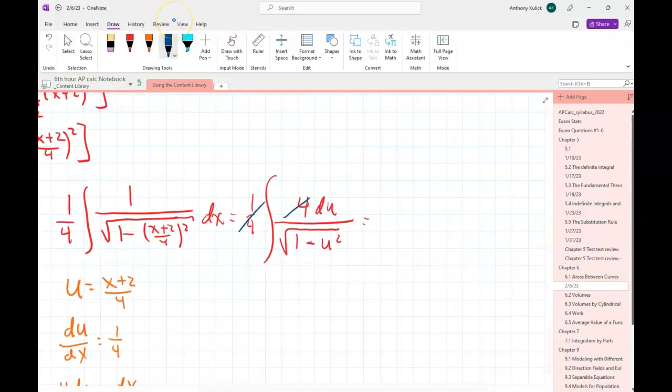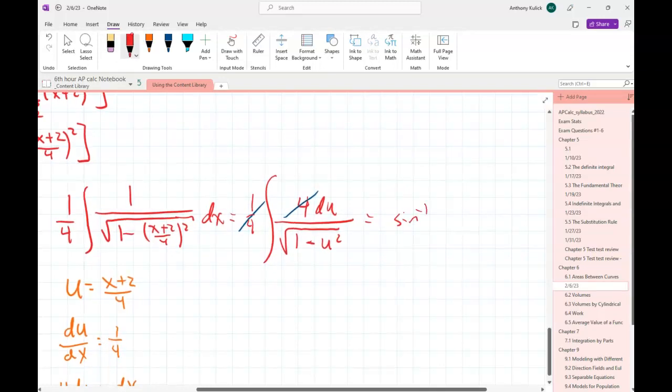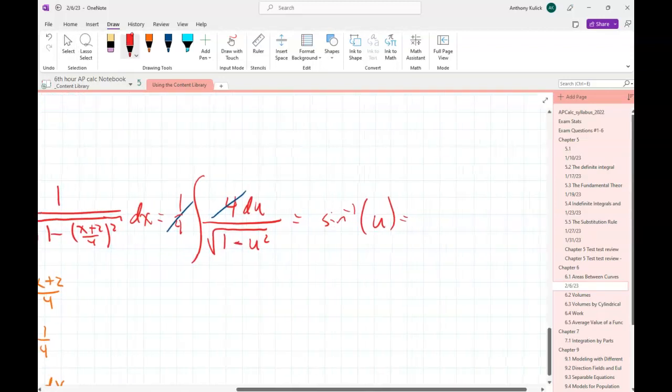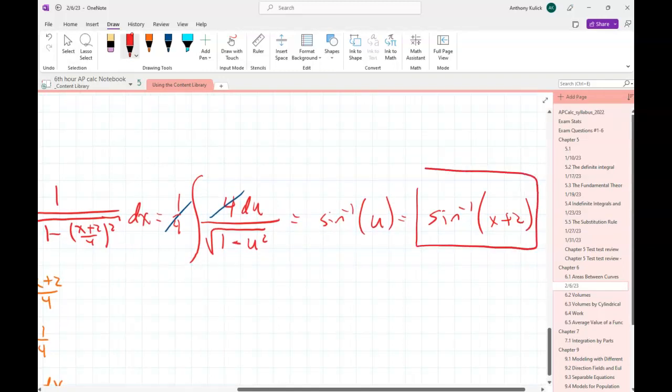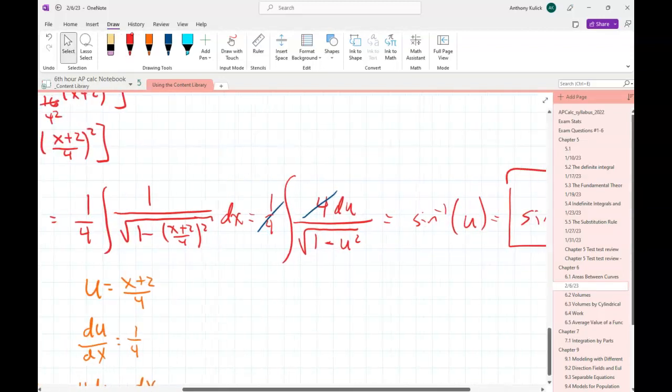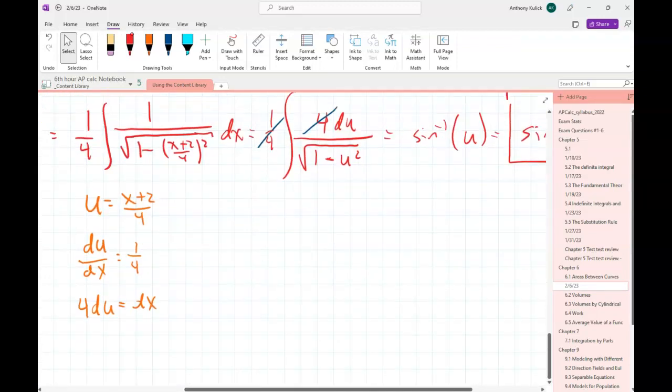Shoot. That's not right. We goobered something here, guys. Give me 1 second to go back through. I lost the factor of 2 somewhere along the lines. I multiplied 4 to both sides, right?